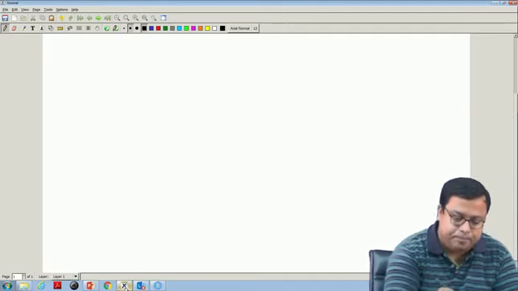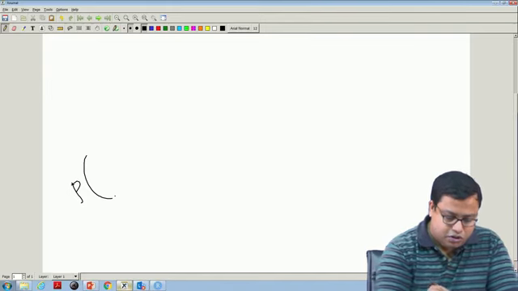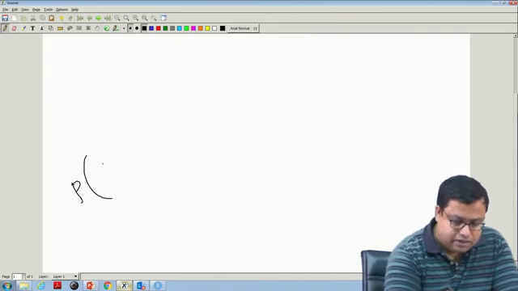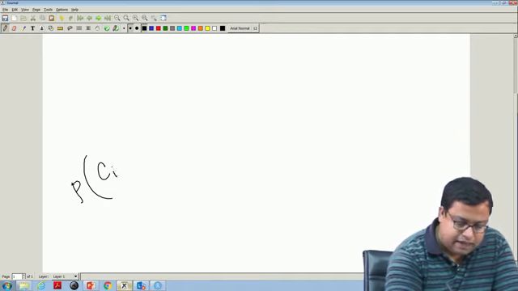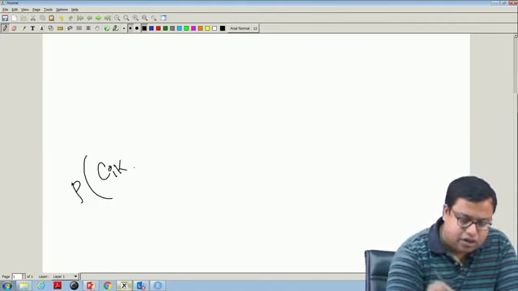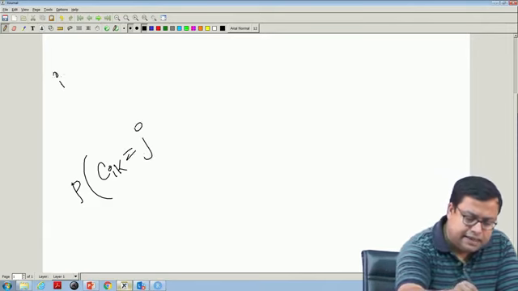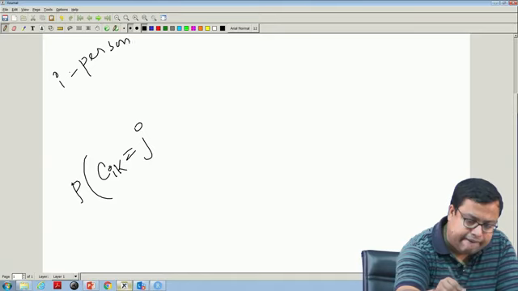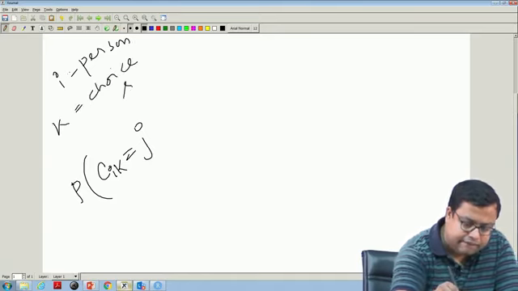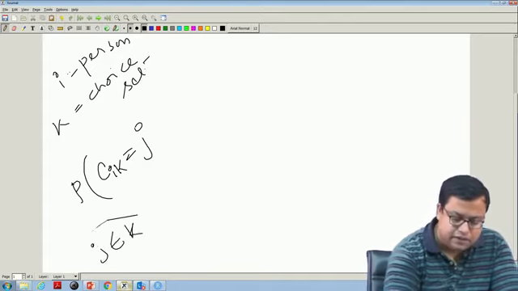Conditional logic says that the probability that somebody will choose the choice of, let us say, ith person from the kth choice set is J, where I is the person and K is the choice set and J belongs to K. So, J belongs to K actually. Okay.